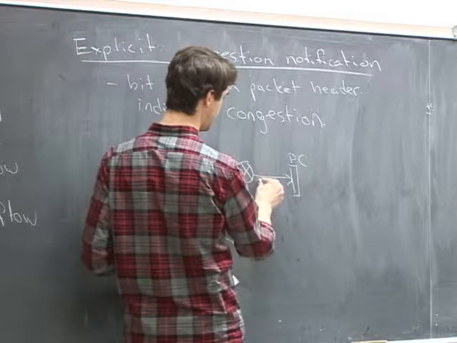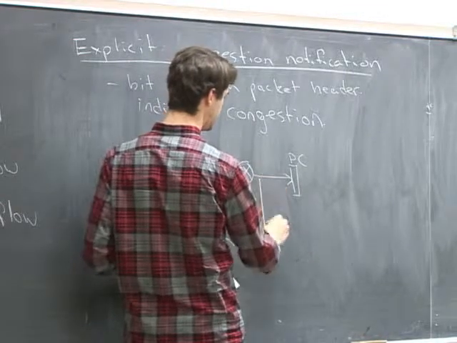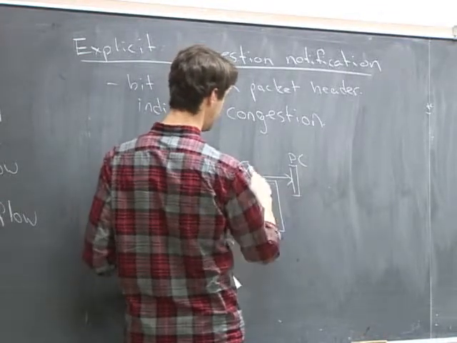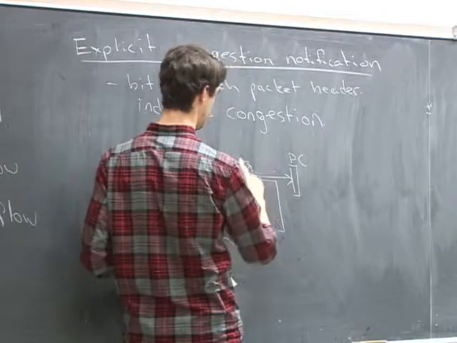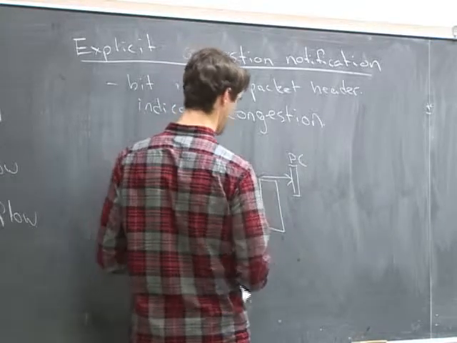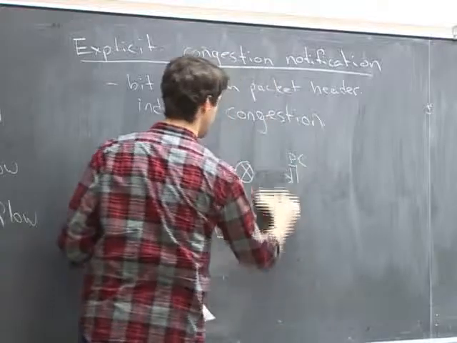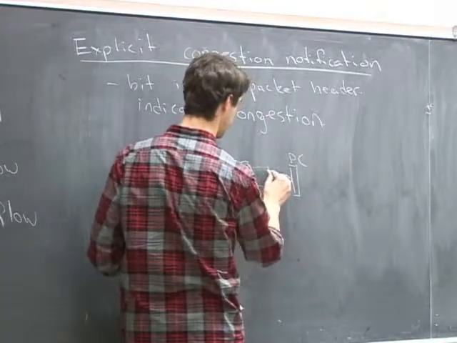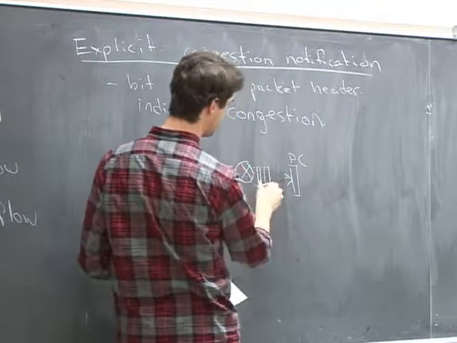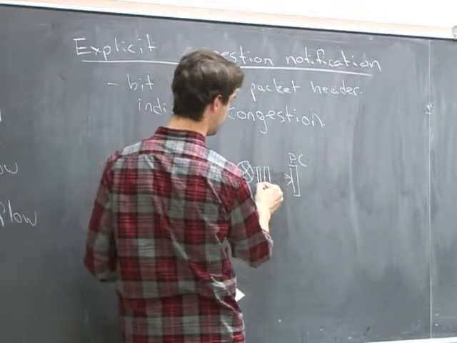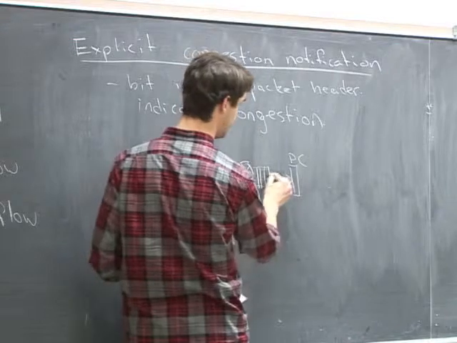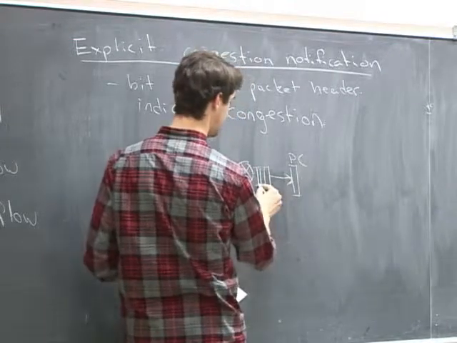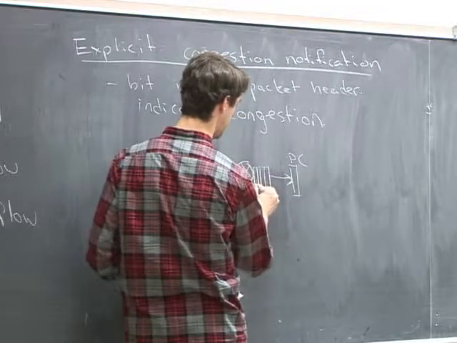Now, if this router is congested, meaning that its buffer, so I should redraw this just a little bit, we place the packet into a buffer. If this buffer is almost full, then we know that there's congestion at this router. Let's suppose that our packet comes in here.